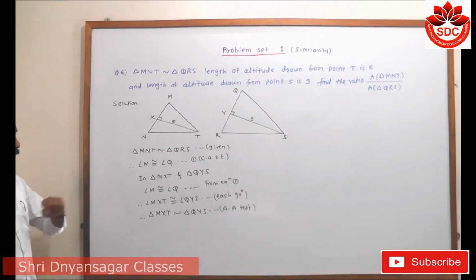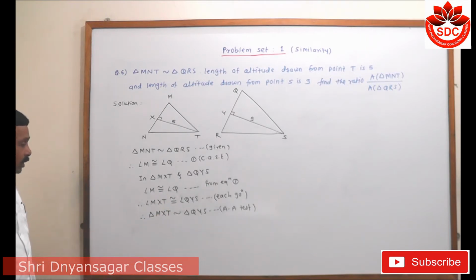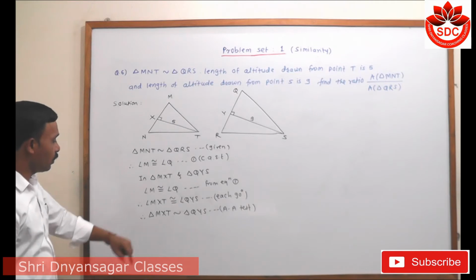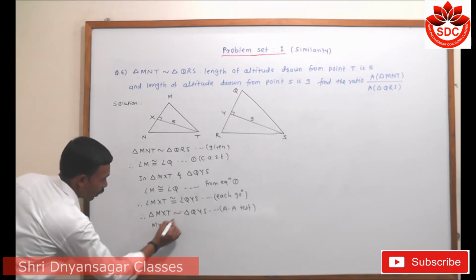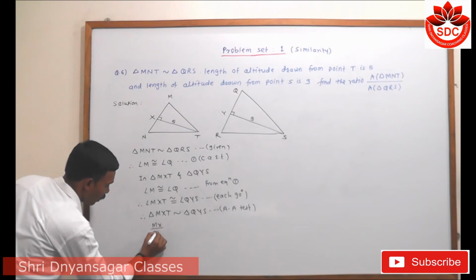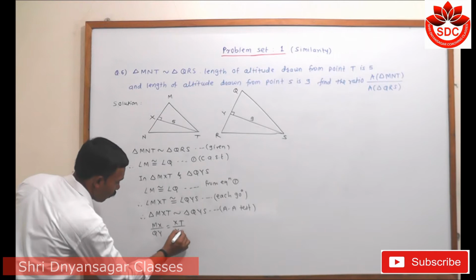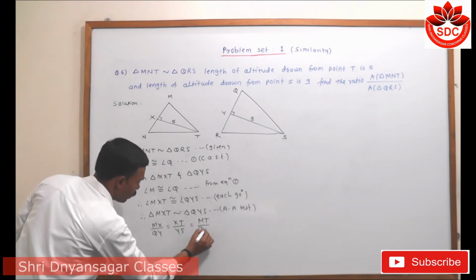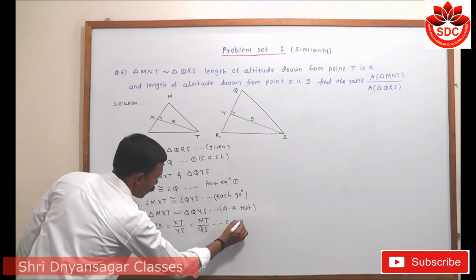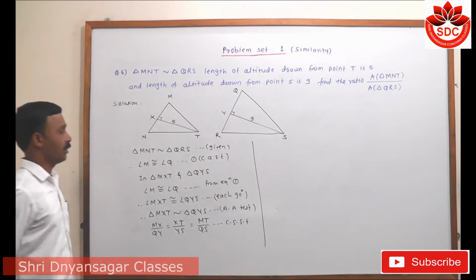If these two triangles are similar, then the ratio of the corresponding sides is also in proportion. So which ratio do we take here? MX upon QY is equal to XT upon YS is equal to MT upon QS. These are corresponding sides of similar triangles.